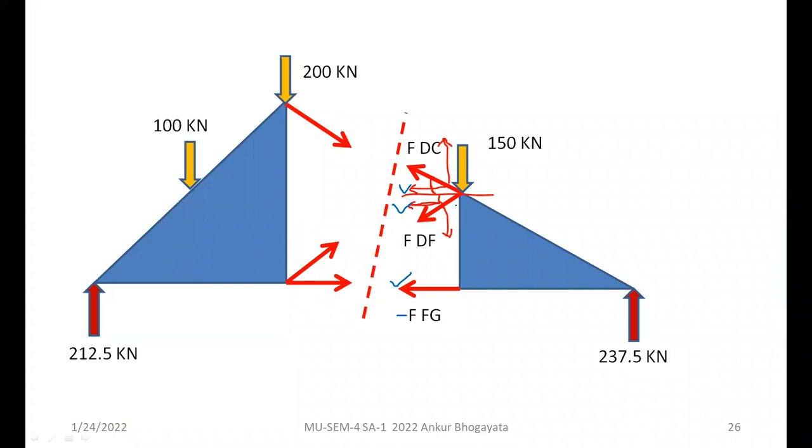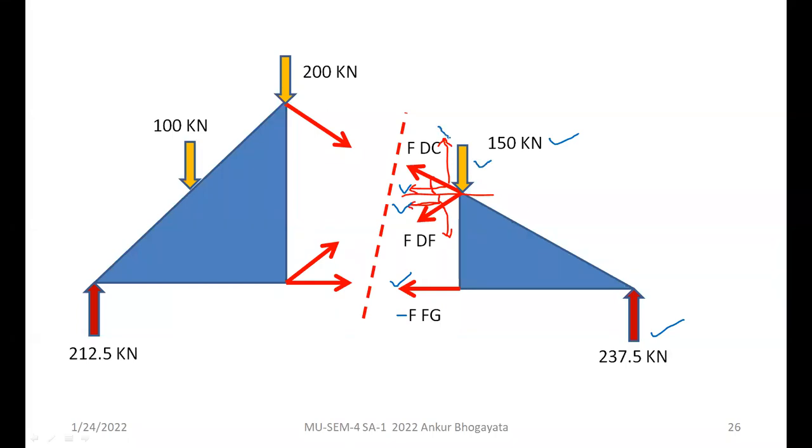Now if we inspect again this side, I mean the right hand side, we have total 4 vertical forces. Which are they? This is the reaction, this is the action, this will go negative, this is positive.